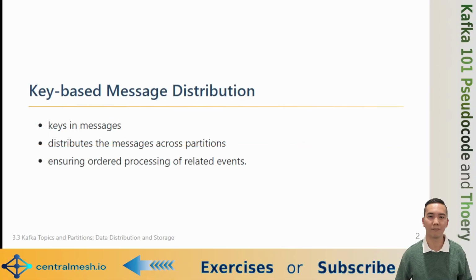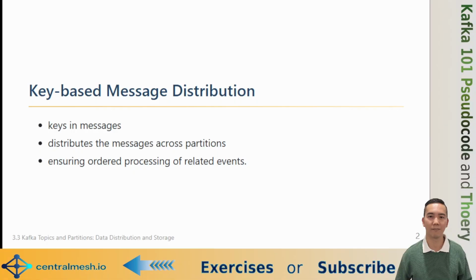When producers send messages to a Kafka topic, they can include a key with each message. This key is important because Kafka uses it to determine which partition the message will go to. For example, if you are sending payment transactions, you could use the user ID as the key.